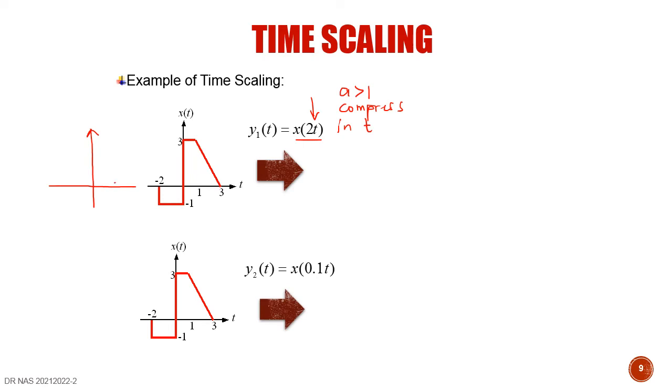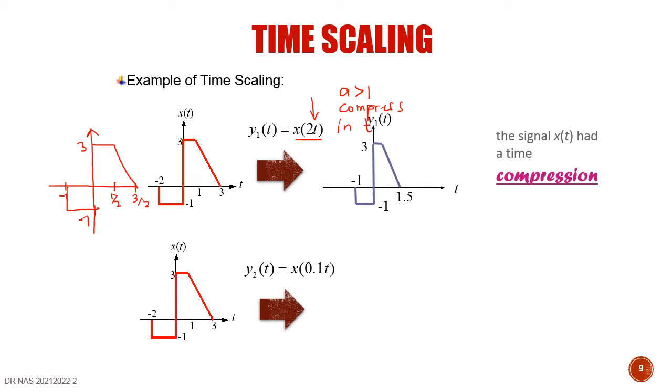So 1 becomes 1 divided by 2, 3 becomes 3 divided by 2, and negative 2 divided by 2 becomes negative 1, but the amplitude remains the same. So here is minus 1, and on top here is 3, and the amplitude is this. 3/2 is 1.5, and the signal is compressed in time.